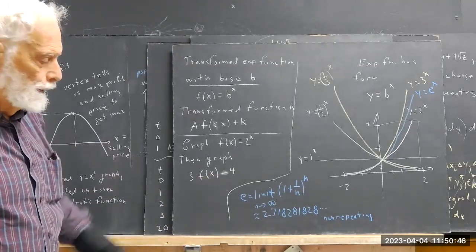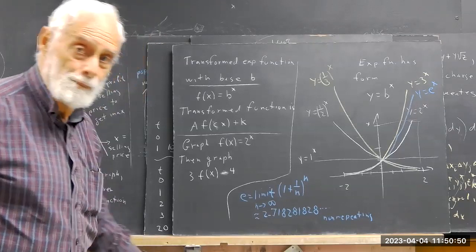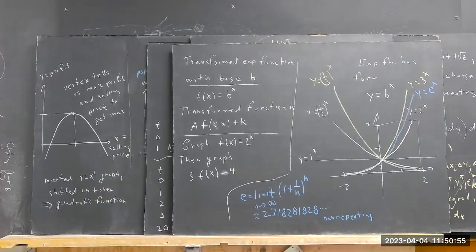You want to graph the transformed function 3 f of x minus 4. You should be able to write down the table for the exponential function and graph accurately in a minute or less.